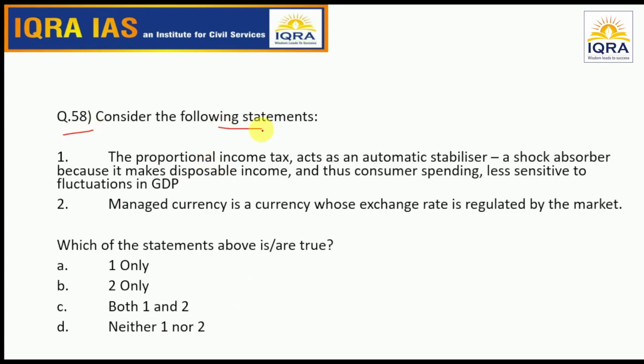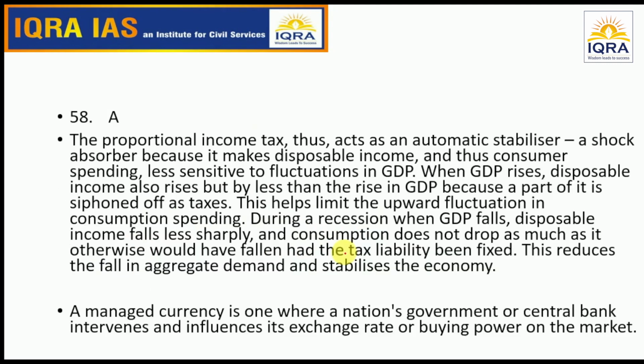Moving on to question number 58. Consider the following statements. The proportional income tax acts as an automatic stabilizer, a shock absorber, because it makes disposable income and thus consumer spending less sensitive to fluctuations of GDP. Managed currency is a currency whose exchange rate is regulated by the market. Which of the following statements are true? So first is correct. Yes. And managed currency, which is obviously where the nation's government or central bank is intervening and managing.